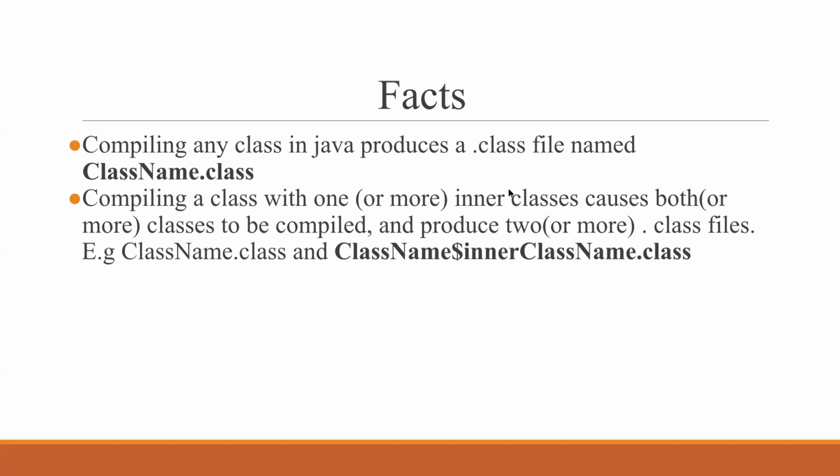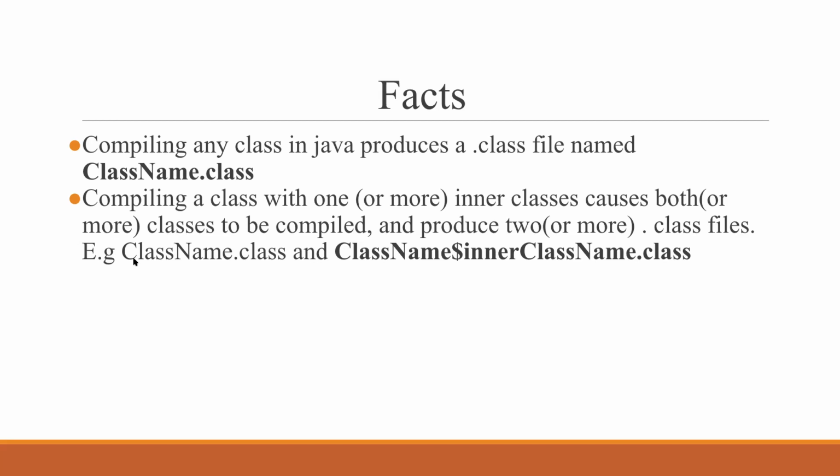If you just have a class, the file is always named the class name, then dot class. But what is the output when you compile a class that has inner classes?